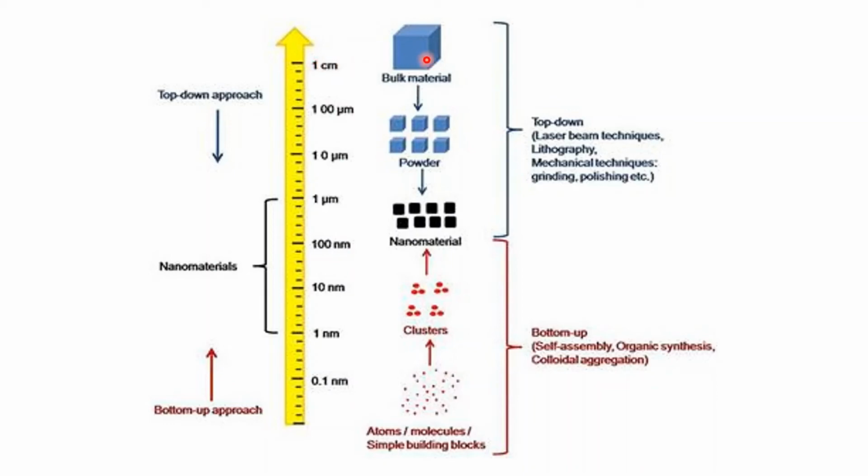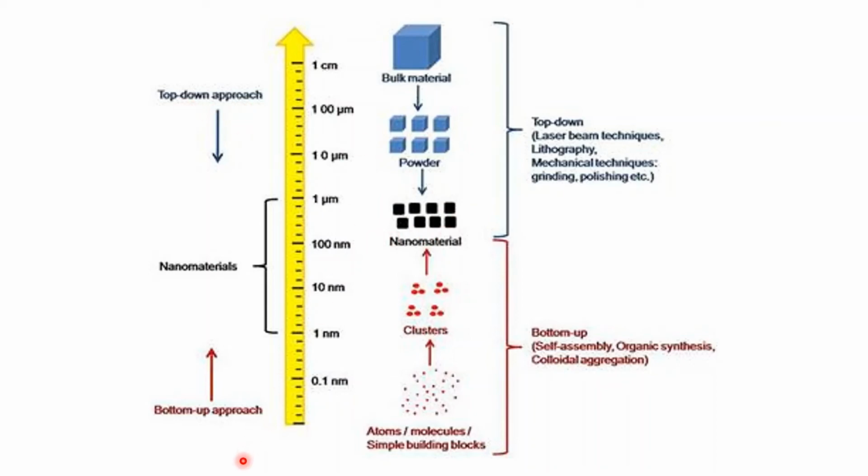By any method you transform this bulk metal to powder form, which will be in the range of 100 micrometer to 10 micrometer. Now this powder will be converted into nanomaterial by laser beam techniques, lithography, or mechanical techniques like grinding and polishing. This way you get the nanometal by using the top down approach.